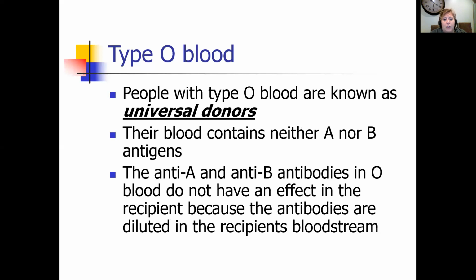You are what the Red Cross or the Mississippi Valley blood donation chapter probably calls when they're in the area or when they have a need, because you can give to anybody. Your blood contains neither A nor B antigens. And the anti-A and anti-B antibodies in O blood do not have an effect in the recipient because the antibodies are diluted in the recipient's bloodstream. Not having the antigens is what makes you a universal donor. You can give to anybody.